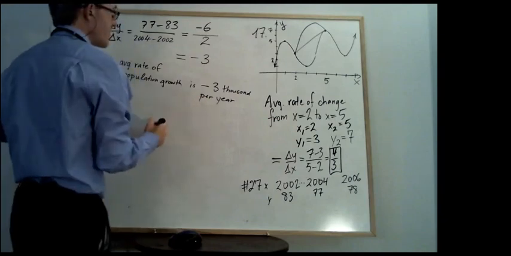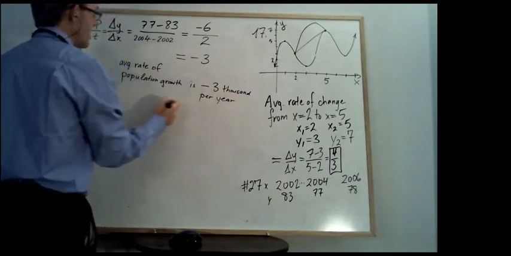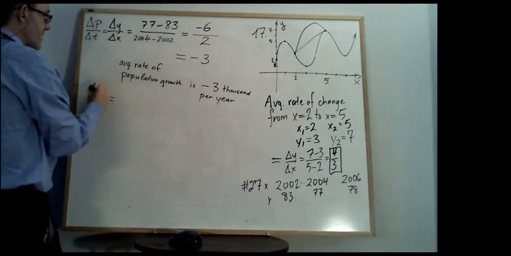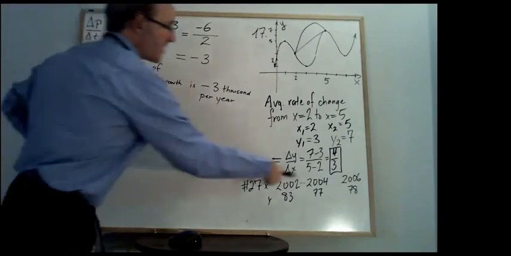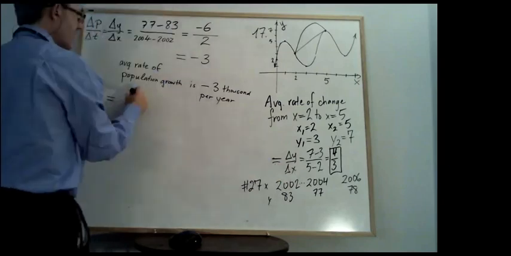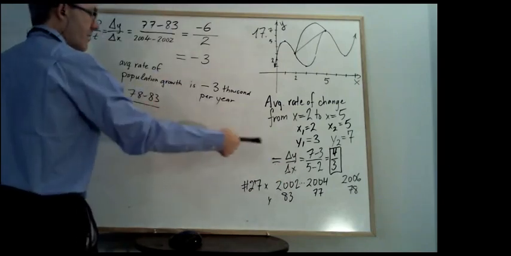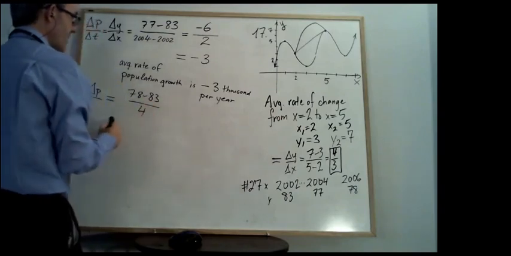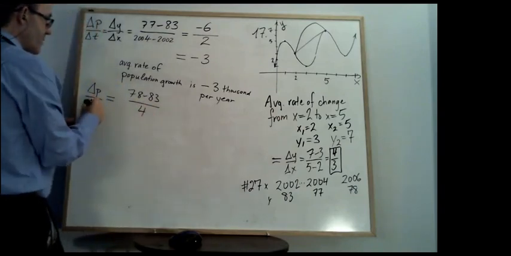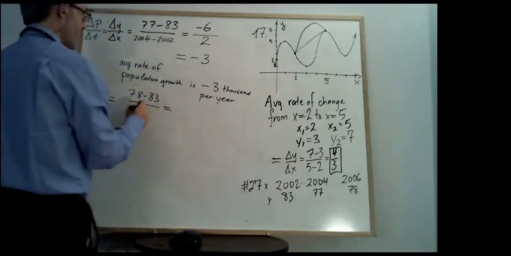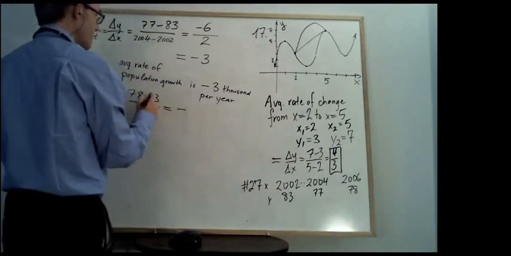All right. So that's the average per year over 2 years. Over 4 years, from 2002 to 2006, it's 78 minus 83 over 2006 minus 2002, which is 4. So again, it's negative.